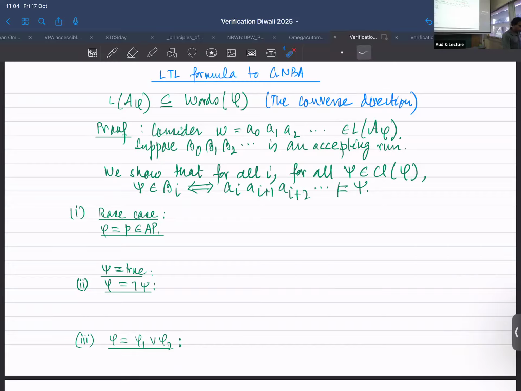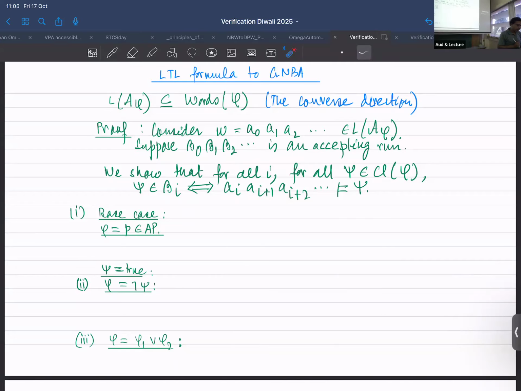What we are going to show is that for all i, for every subformula psi in the closure, if psi is in the state beta i, then the suffix starting from a i satisfies psi.